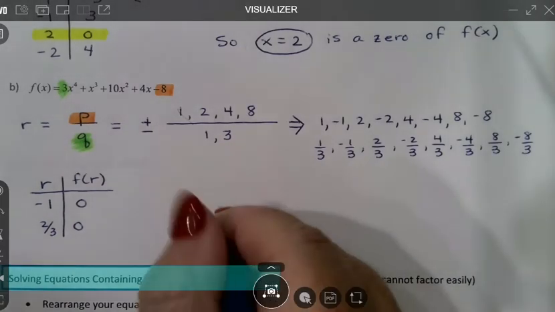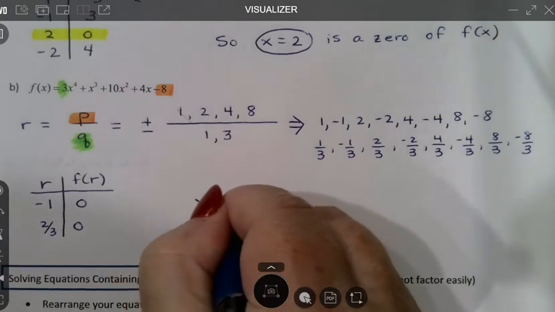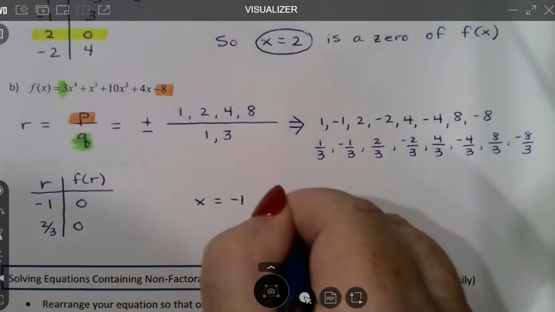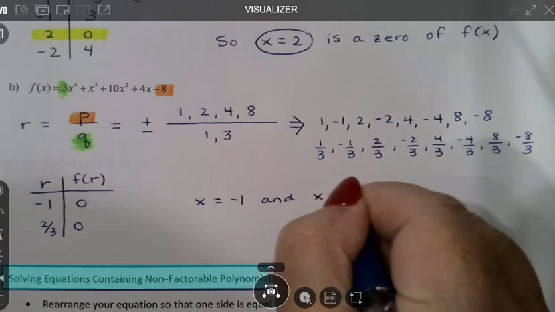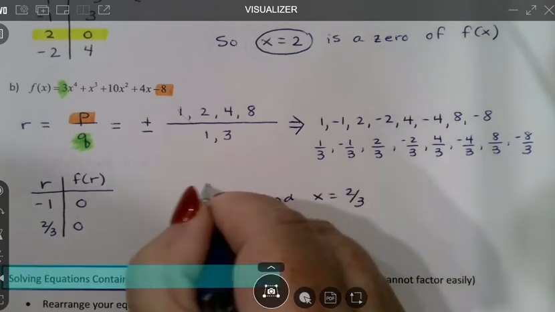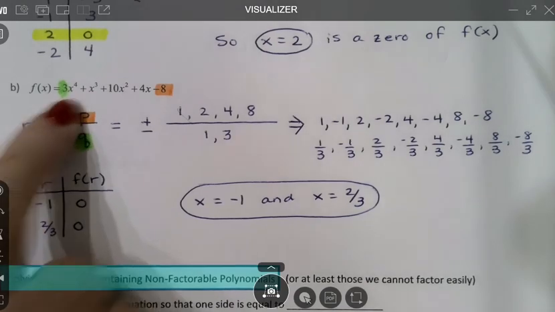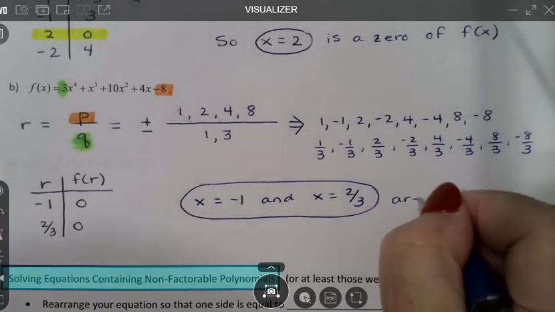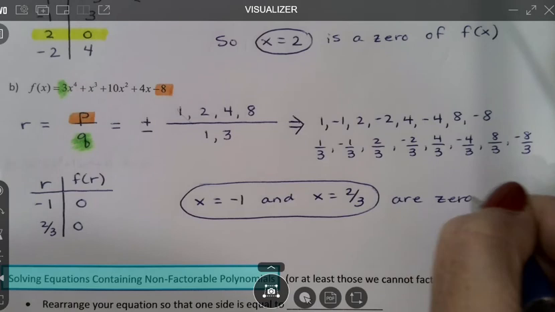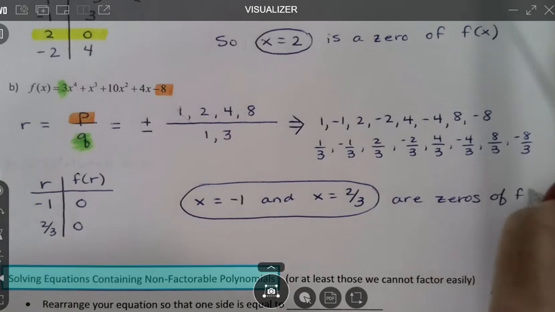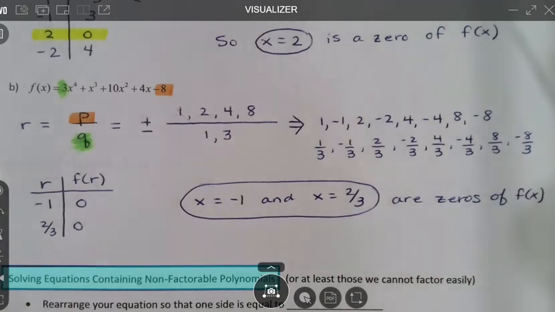So x equals negative 1 and x equals 2/3 are both zeros of my function. Okay. But again, we know it's not all of the zeros.